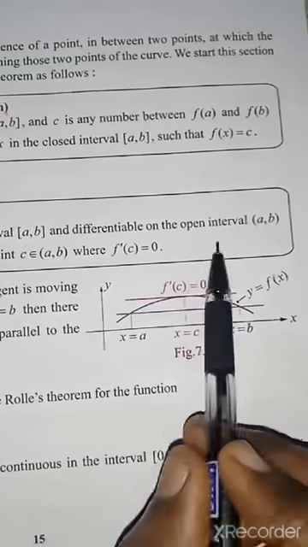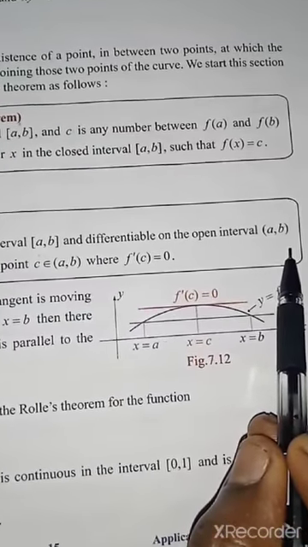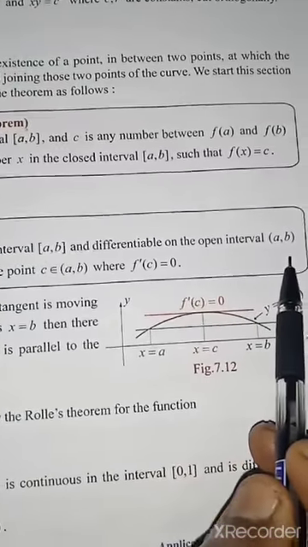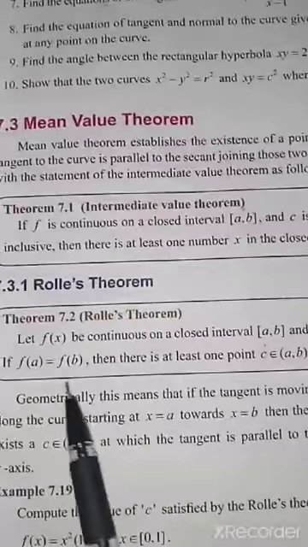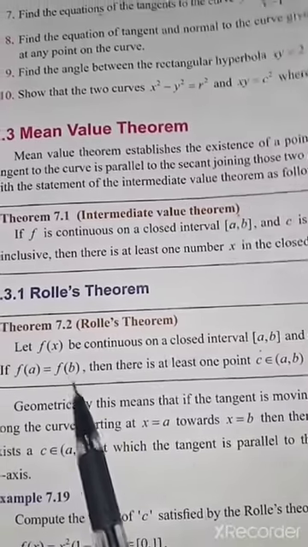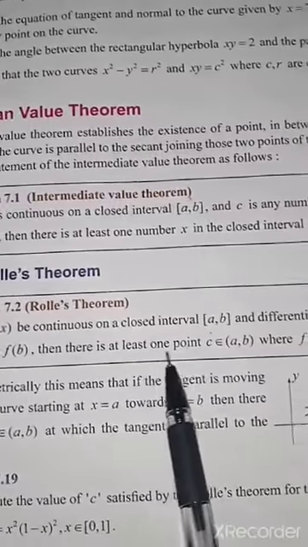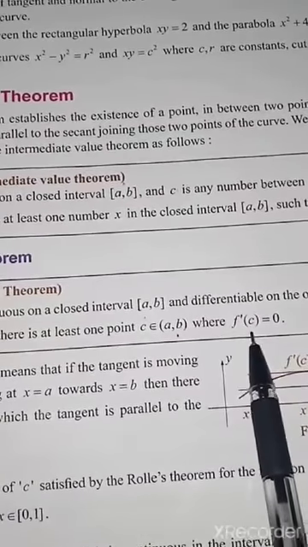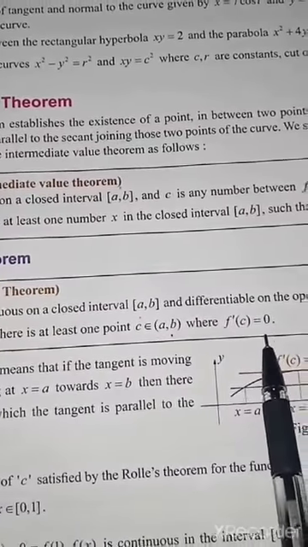Second line, it is differentiable on the open interval (a, b). Third point, if f of a equal to f of b, then there exists at least one point c in (a, b) such that f dash of c equal to 0.